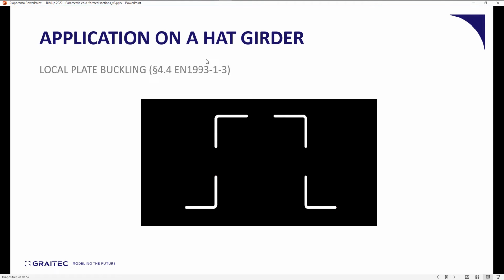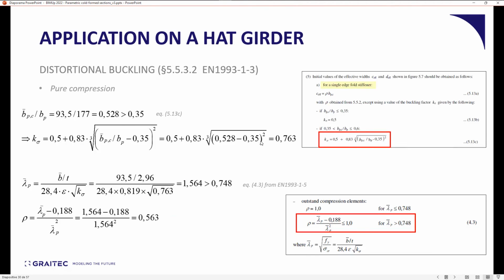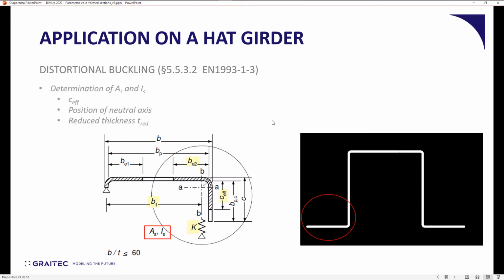But remember, there is a second effect coming in, which is distortional buckling, and it's affecting the end stiffeners, left and right. And the idea here is to find out the reduced thickness. See, and for that, well, first of all, you need to compute the new effective length of the hanging part, then that will give you the cross-sectional area of the end stiffener.